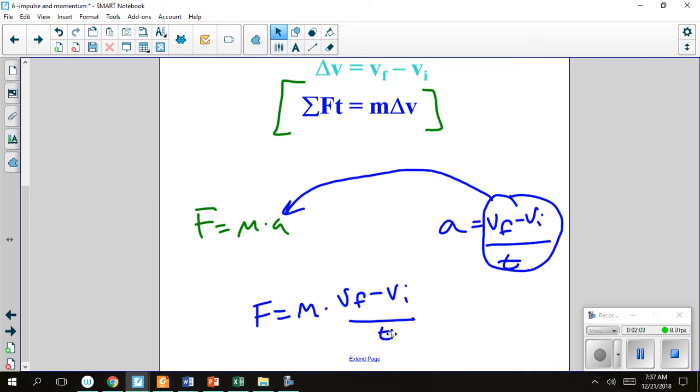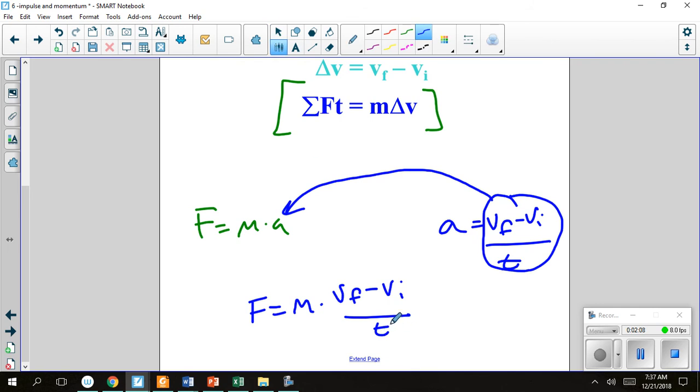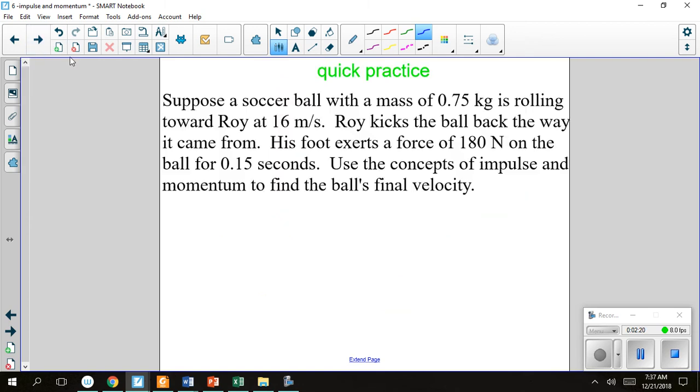Take this little stinker over here. And we get our force times time equals mass times change in velocity. Not too shabby.